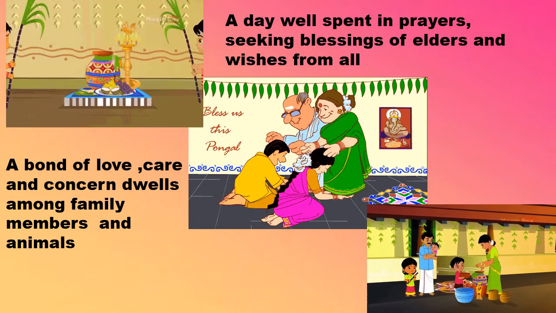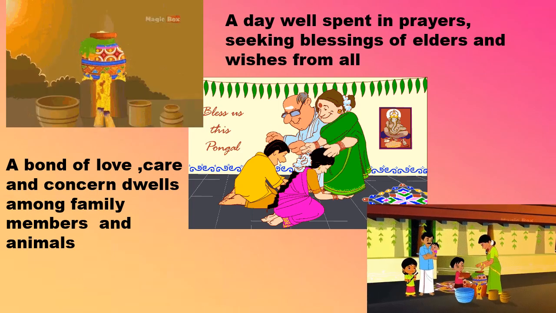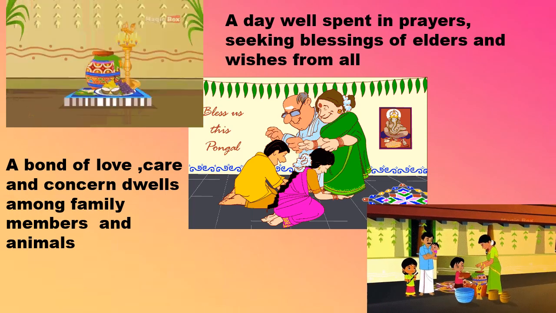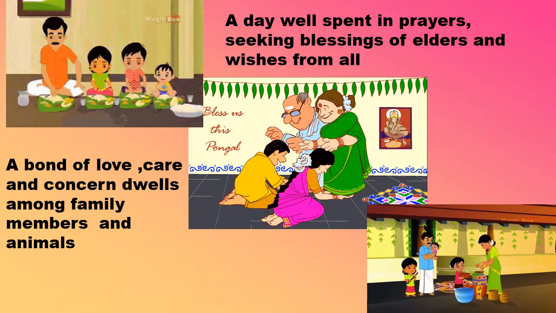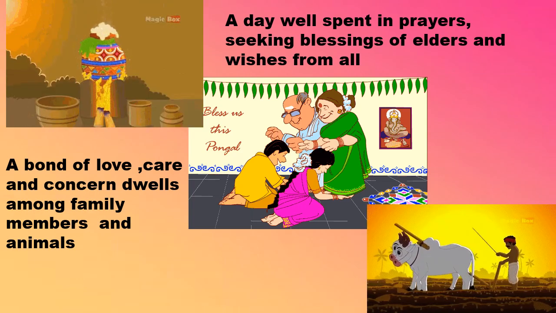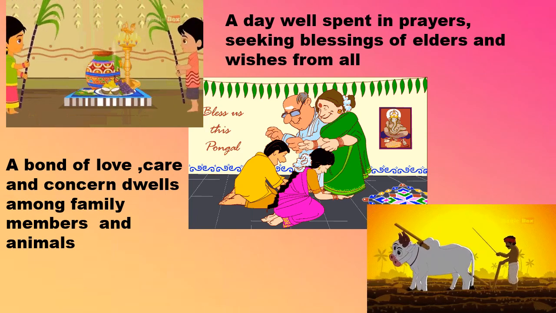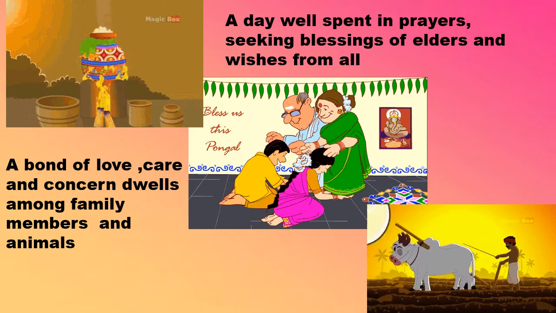This festival is a bond of love, care and concern, not only among the family members but also with animals, and a day which is well spent in prayers, seeking blessings of elders and wishes from all. Happy Pongal!